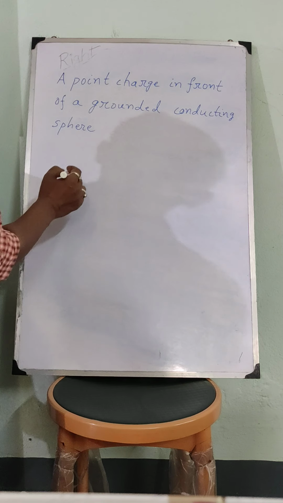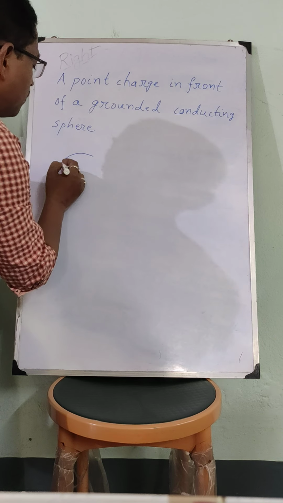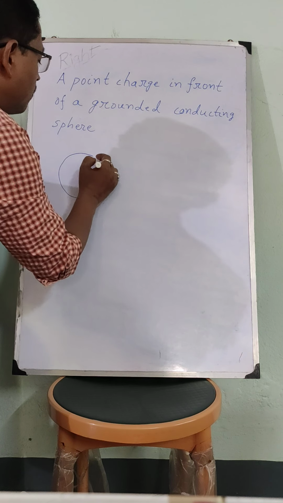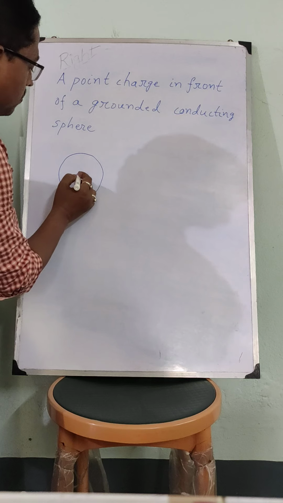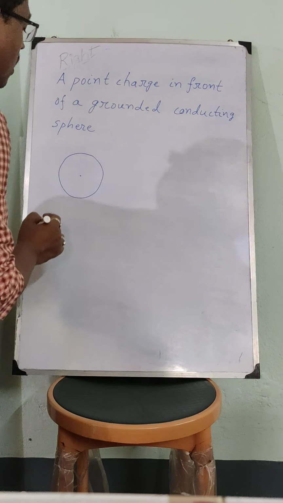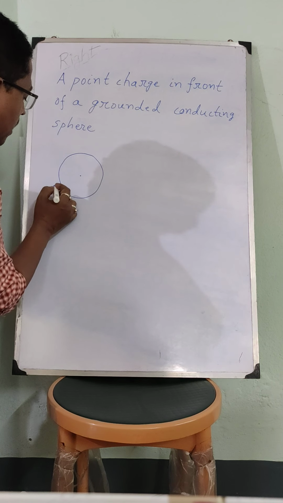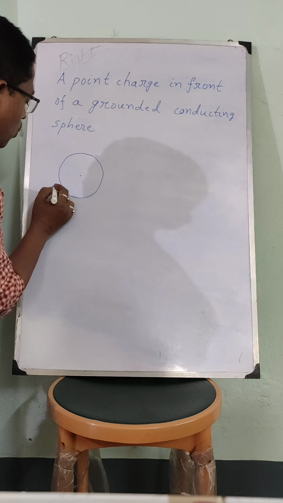Okay, so we have a conducting sphere. This is a sphere. This is the center of the sphere, and this is a conducting sphere, and this is grounded.